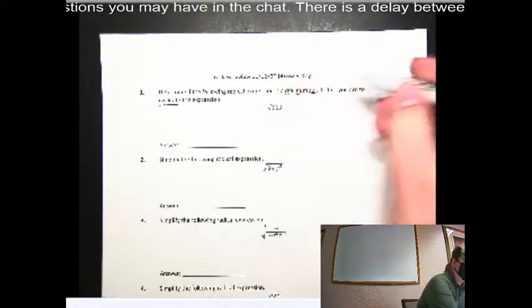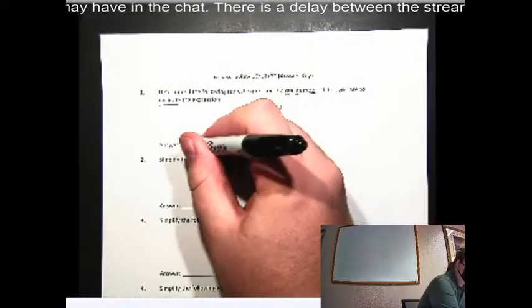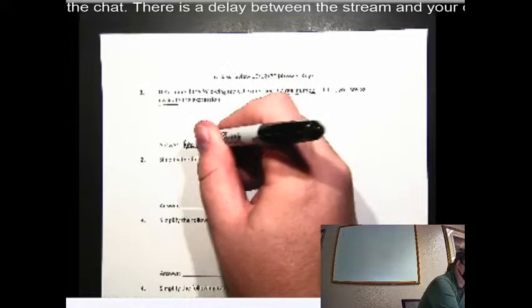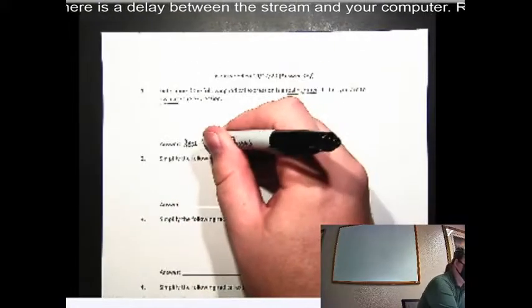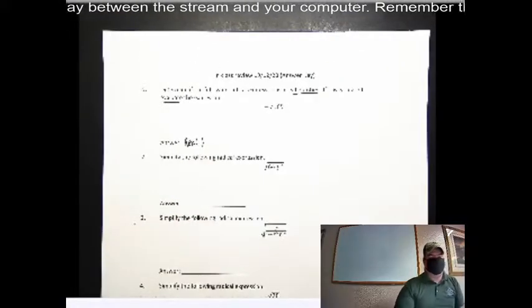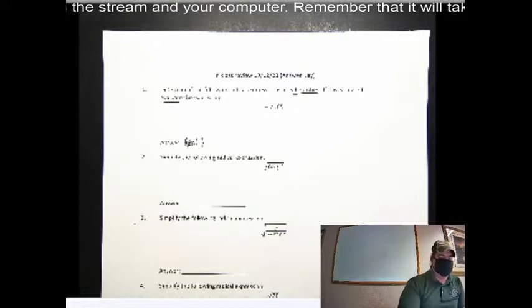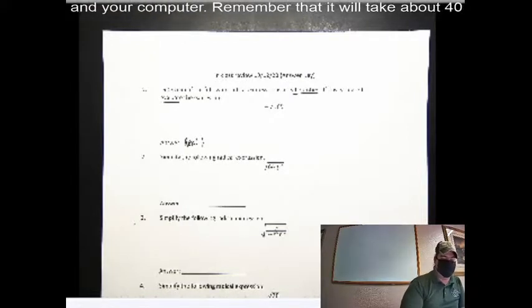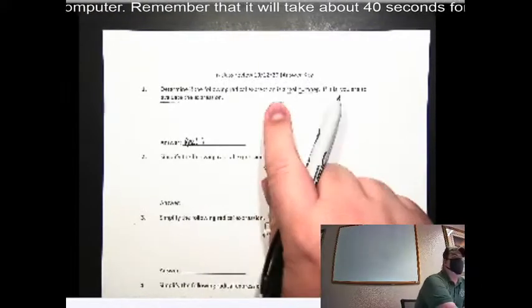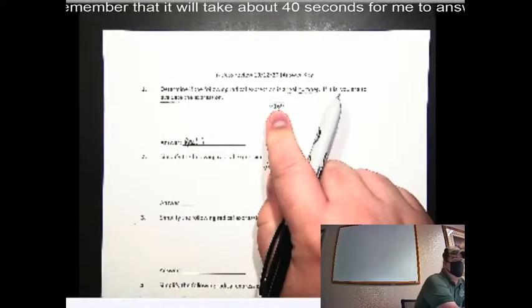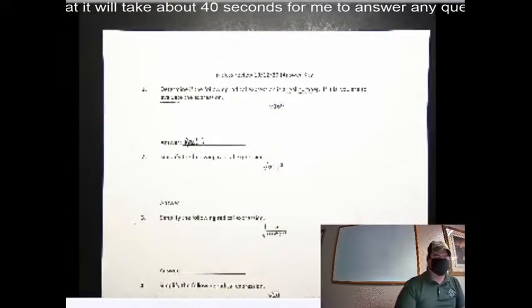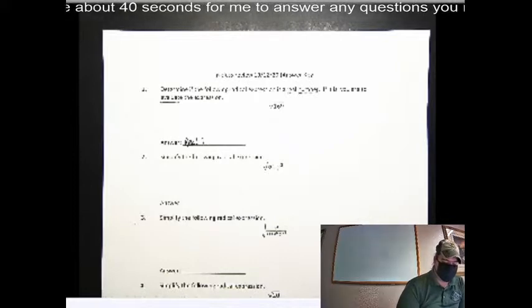So, this is a real number, so we're going to have to write that down. And now evaluate it. And what we mean by evaluate is simplify this thing.